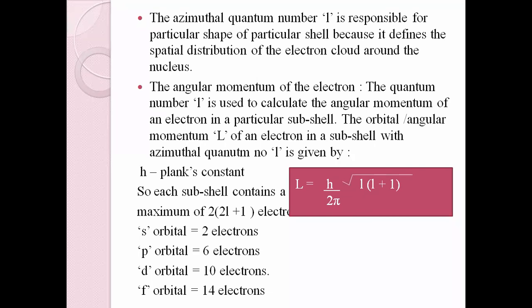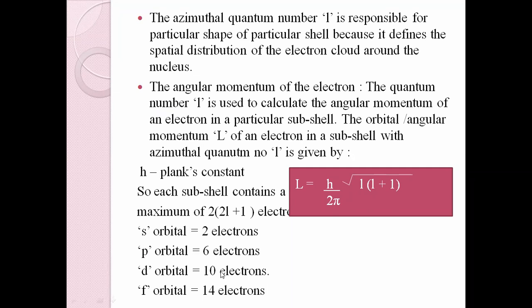Okay, overall we have already studied the main shell: 2n square, 2, 8, 18, 32. How these electrons are distributed, we will find out in the subshells. For example, when we go into a building, we don't know the spatial arrangement of each and every flat. We climb the stairs, we go to the floor. We see over here 101 is just next to the lift, 102 is adjacent to 101, but 103 is opposite to 101. So this is the spatial arrangement of the flats on that floor.